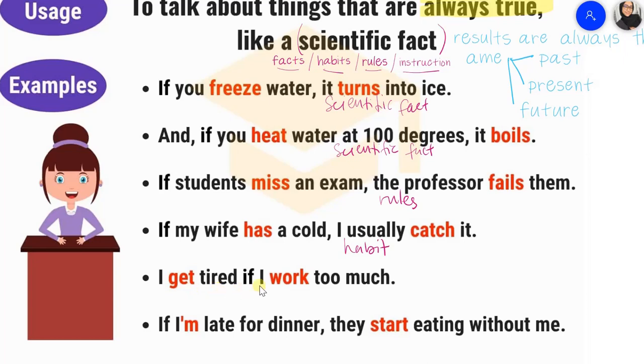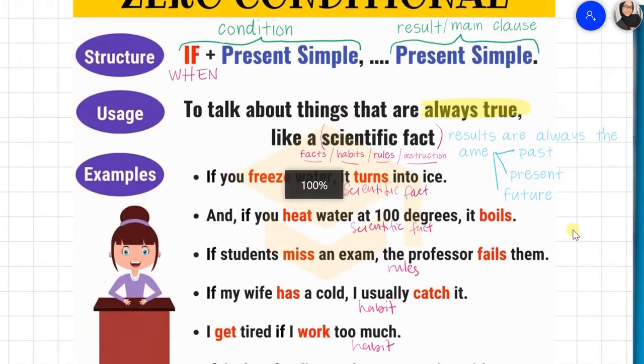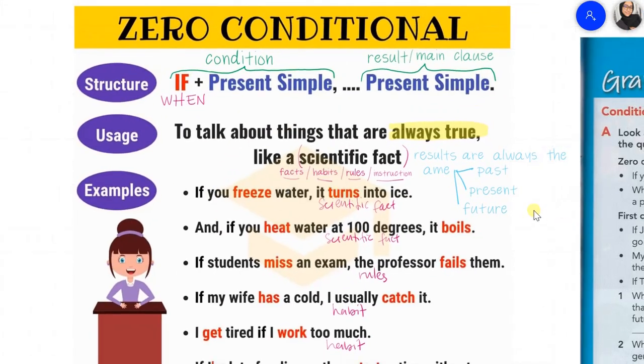I get tired if I work too much. This is a habit as well. And then the last one, if I'm late for dinner, they start eating without me. I think this is more of a rule. Yeah, rule. Okay, so there you go. I hope you understand how to write a zero conditional sentence.